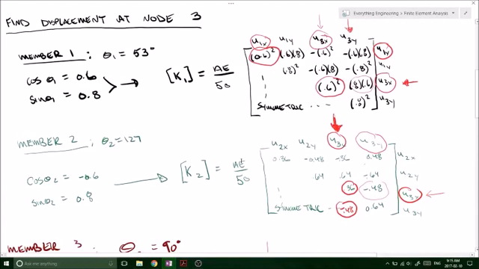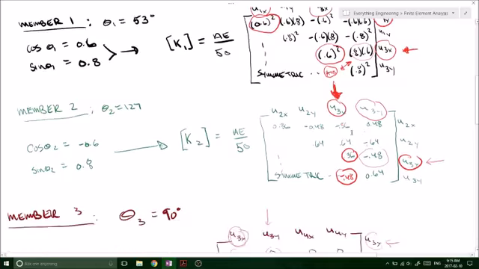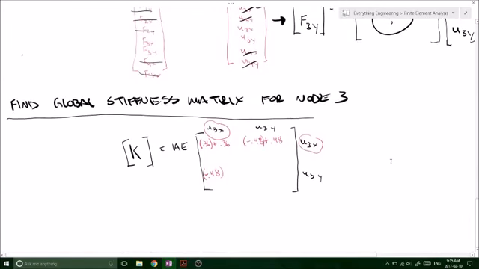And now our first stiffness matrix, 3x, 3y, it's going to be positive 0.48 because it's a reflection of 0.8 times 0.6, since it's a symmetric matrix. So plus 0.48.